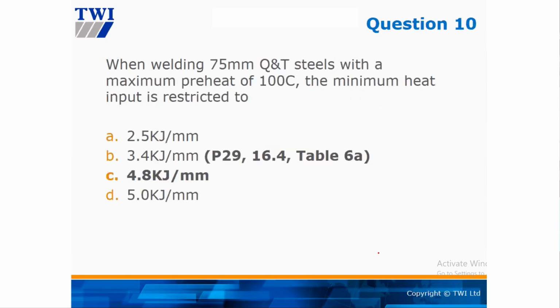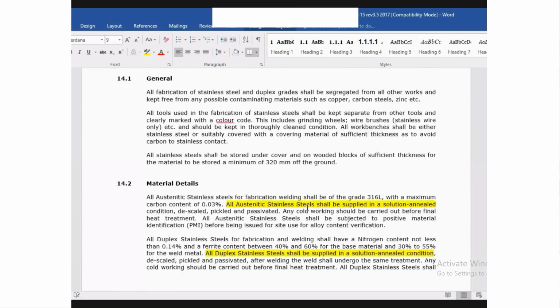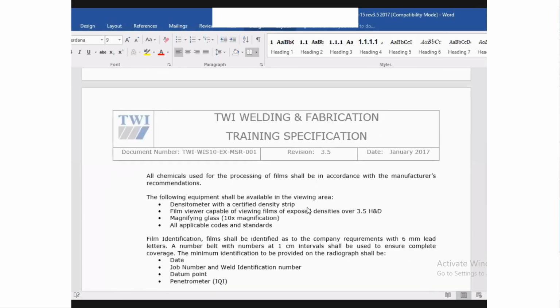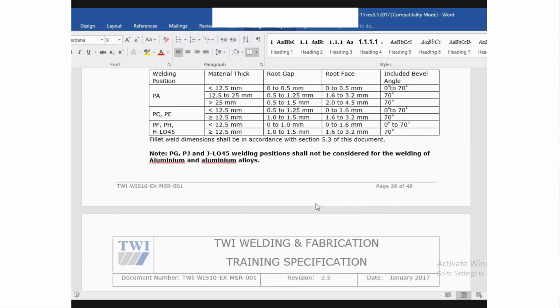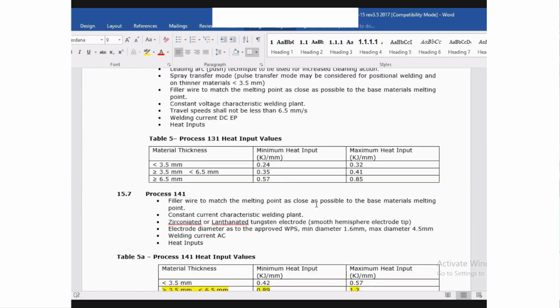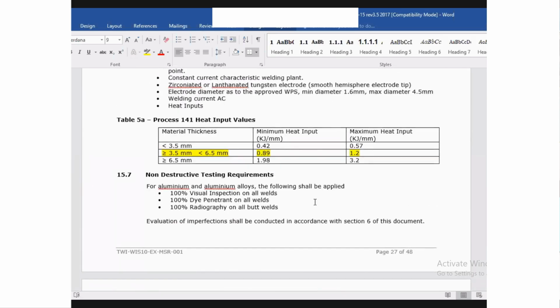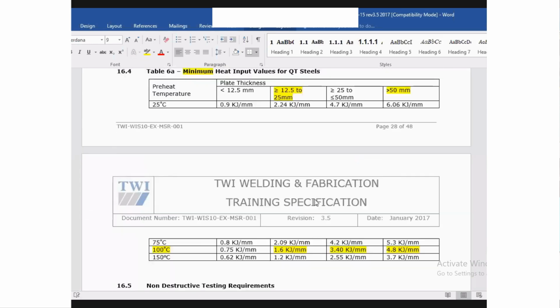All right, last question, number 10. When welding 75 mm quench temper, preheat 100, the minimum heat input is restricted to, all right, look at page 29, table 6A. Right here, table 6A.